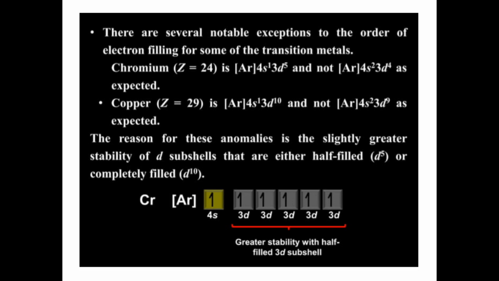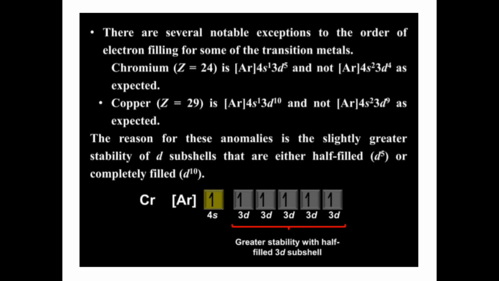The 3d orbital is greater in energy than the 4s, and that's why we are writing the 4s before the 3d. So at some point they are either half filled or completely filled, in the case of chromium and copper.